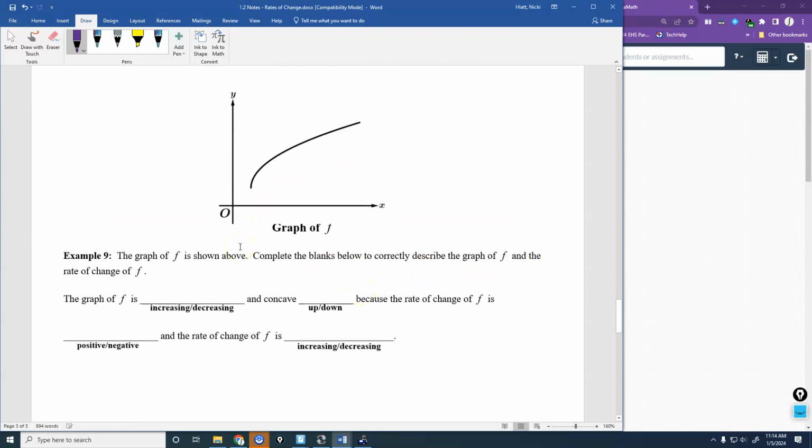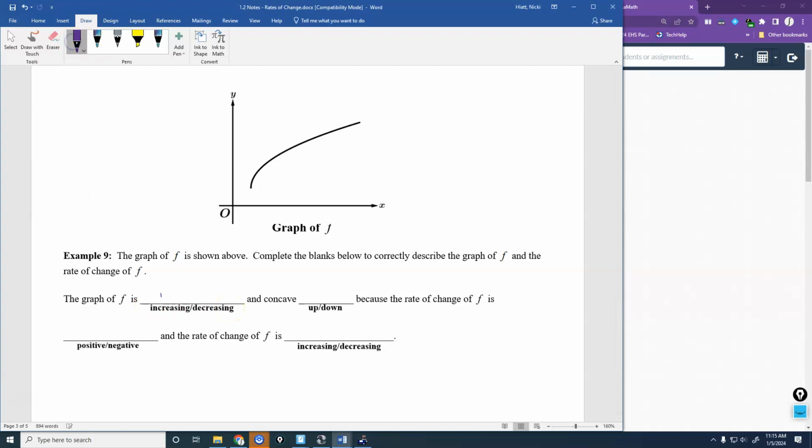So let's look at this graph right here. It says the graph of f is shown above. Complete the blanks below to correctly describe the graph of f and the rate of change of f. So when it asks us about f, that is just what we're looking at, right? So this is the graph of f. It says the graph of f is, is f increasing or decreasing here? Increasing, right?